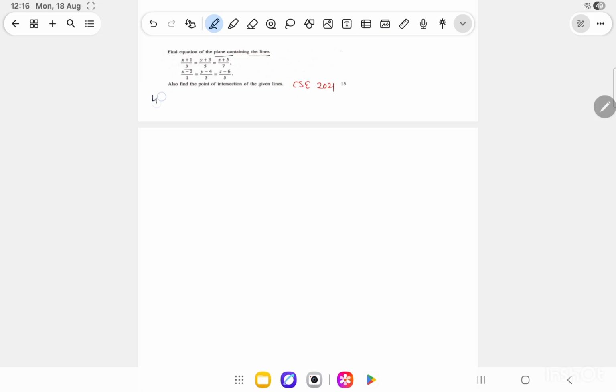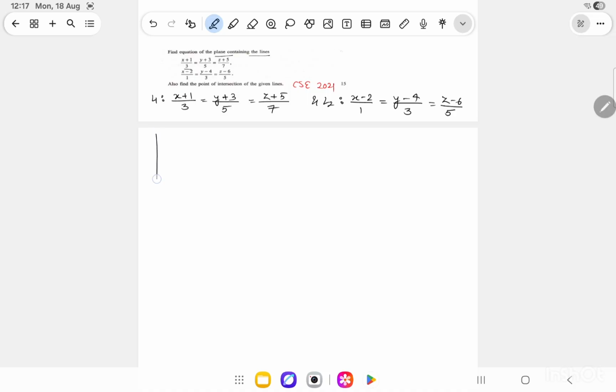My L1 is x plus 1 upon 3 equals y plus 3 upon 5 equals z plus 5 upon 7, and my L2 is x minus 2 upon 1 equals y minus 4 upon 3 equals z minus 6 upon 5. We have already seen a formula for the equation of a plane containing a line and parallel to a line. If the plane contains both these lines, then both lines are parallel to the plane, so we can use that formula.